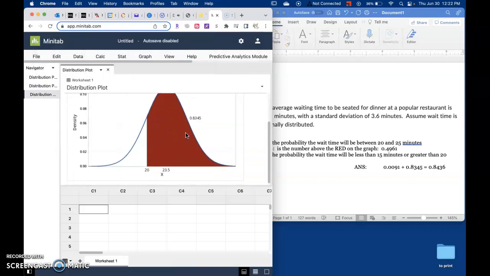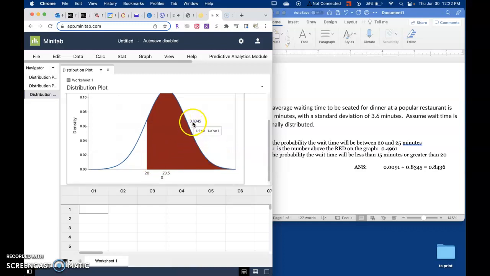So click OK, OK. The probability that the wait time will be greater than 20 minutes is 0.8345. And when we add the less than 15 minutes or greater than 20 minute probabilities, our final answer is 0.8436. So I hope this helps you better understand normal distributions by looking at the graphs.